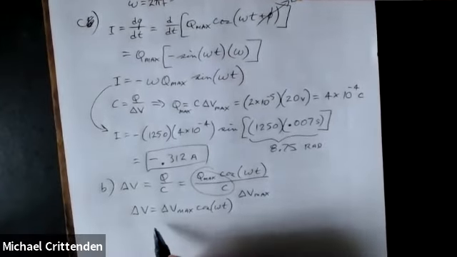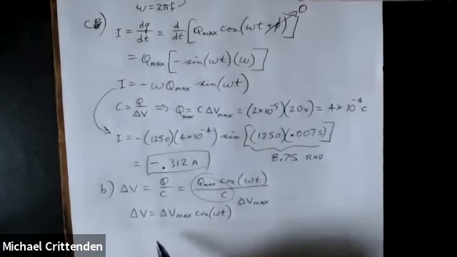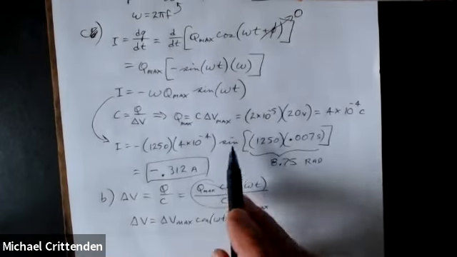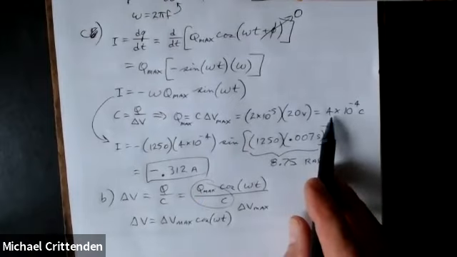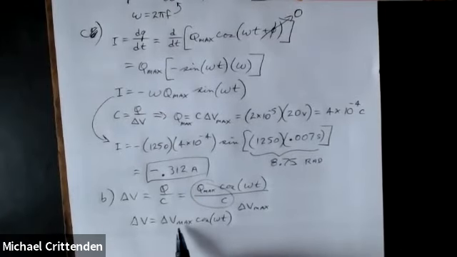All we need to do to finish this one off is fill in some numbers here. So delta V max. No, that's the 20 volts that was given in the question.